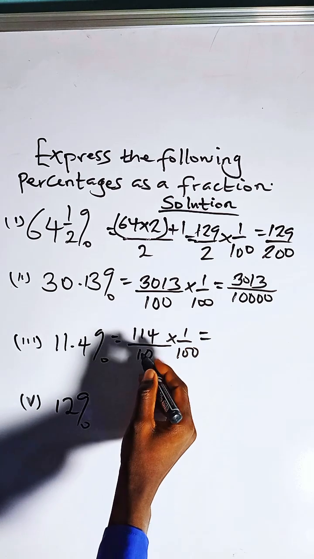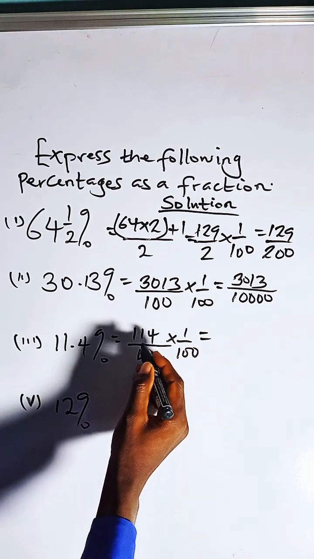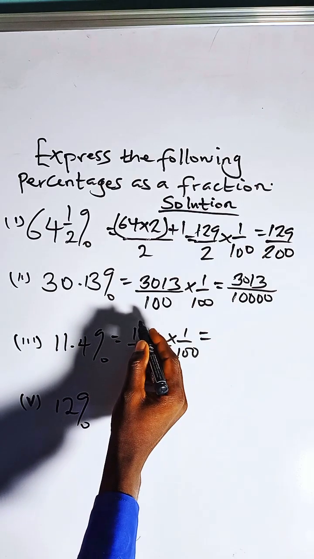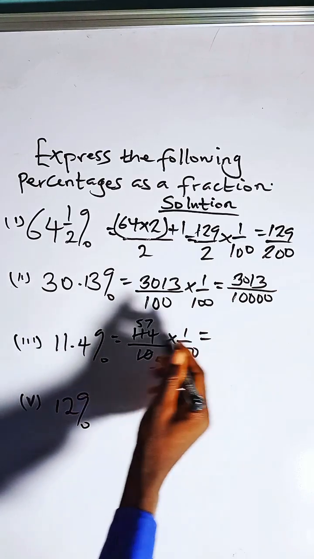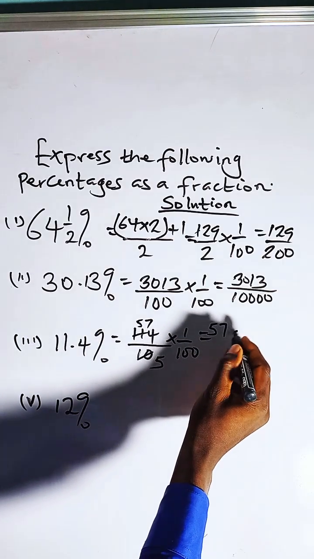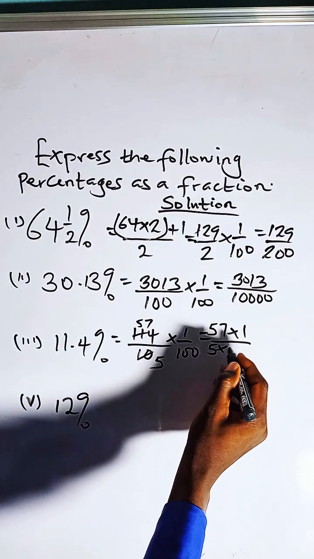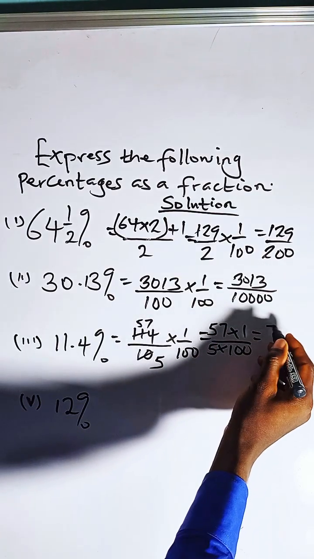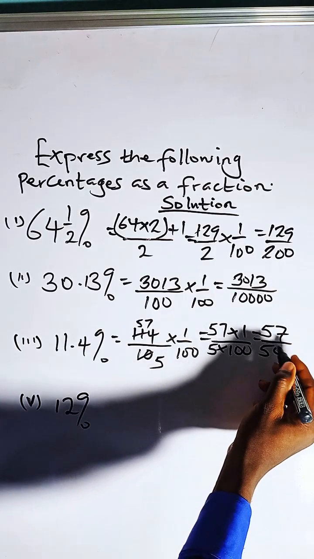Okay, so let's use 2 to simplify this. For 2 in 10 is 5. So for 2 in 114 is 57. So what do we have? We have 57 times 1 at the numerator. We have 5 times 100 at the denominator. Okay, so we multiply this, we have 57 over 500.